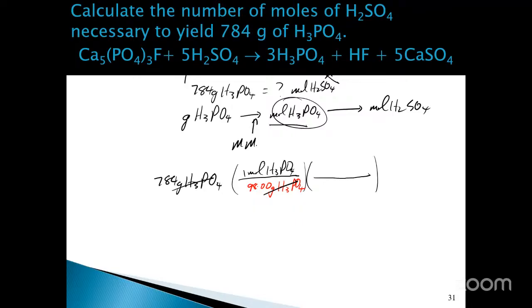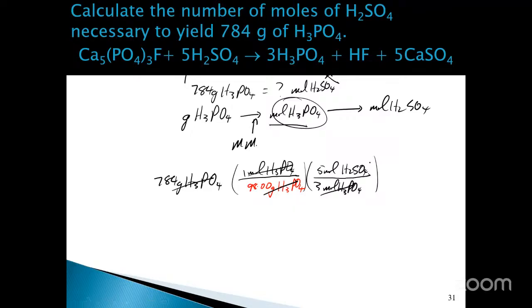It's a 5-to-3 mole ratio. So therefore, I'll put 3 moles of phosphoric acid down here as a denominator, and up here I'm going to put 5 moles of H2SO4 above. And of course, what's going to result is that this will cancel out with that, and then we have to do the calculations.